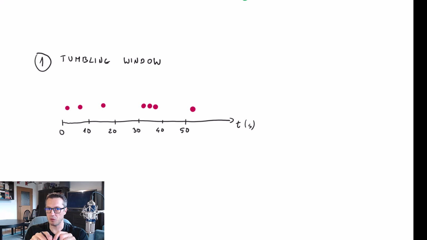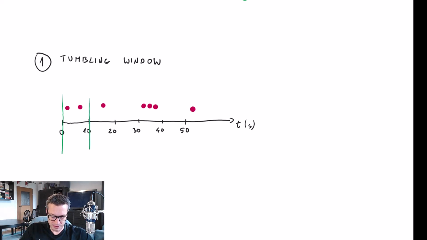And this tumbling window does exactly this. In the case of tumbling windows, we are splitting the entire stream into windows of equal size. Let's say we would like to set a window size of 10 seconds.